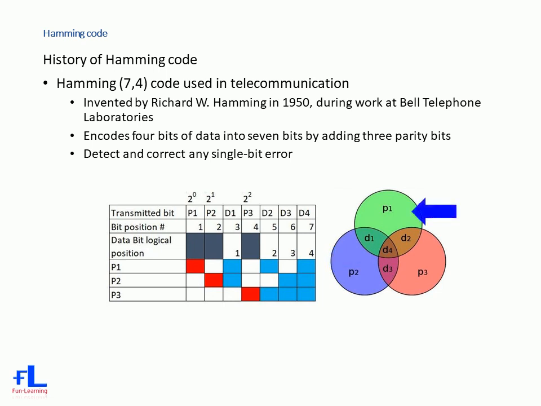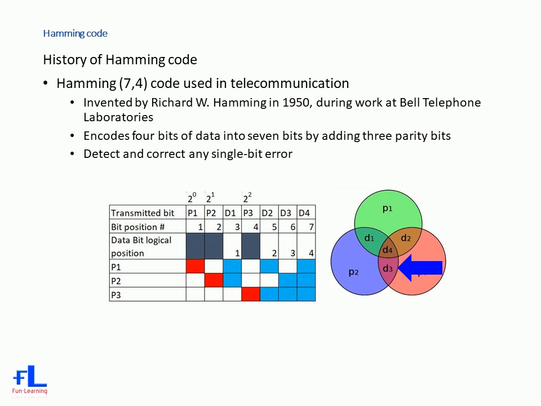In the example, P1 covers D1, D2, D4. P1 is generated by XORing D1, D2, D4. P1 provides an even parity for bit locations 1, 3, 5, and 7. P2 covers D1, D3, D4.